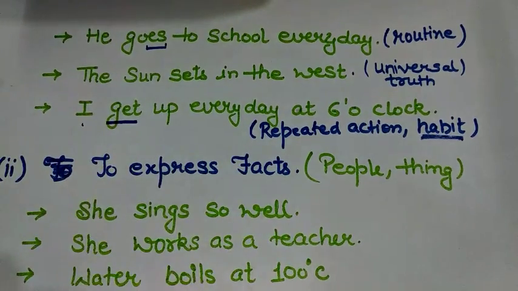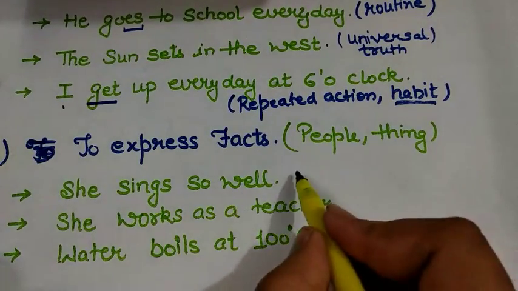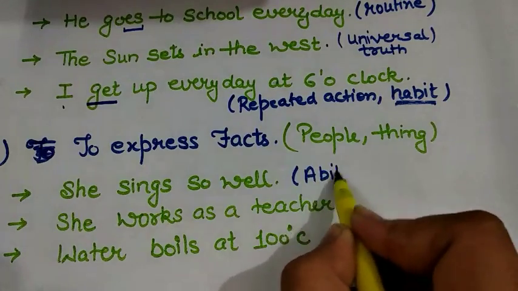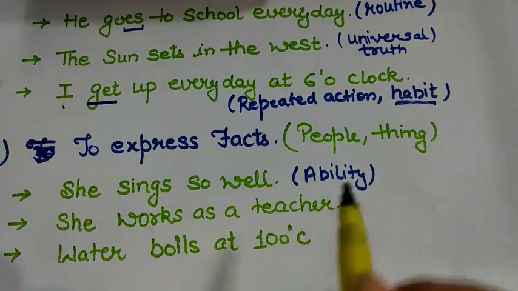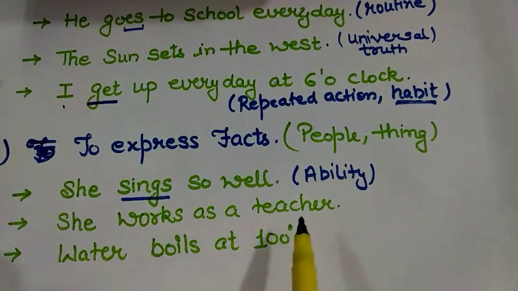Now, simple present tense is also used to express facts. Like, see these examples. She sings so well. It is an ability of that girl that yes, she sings so well. It is a fact about her life. See, she works as a teacher.